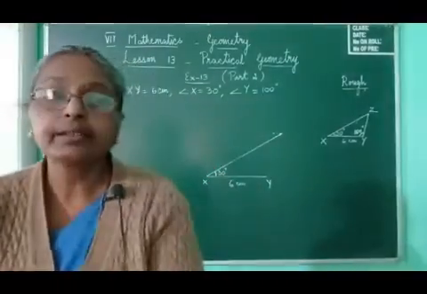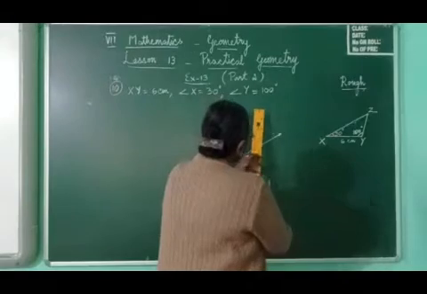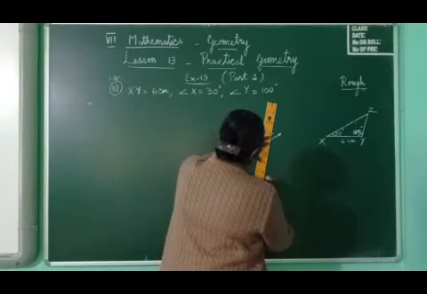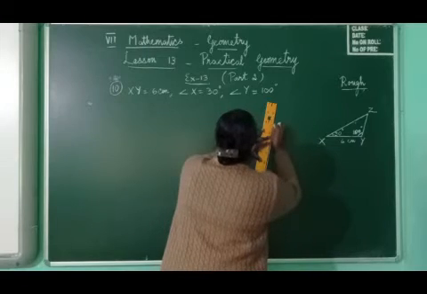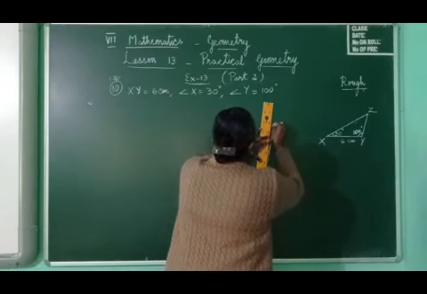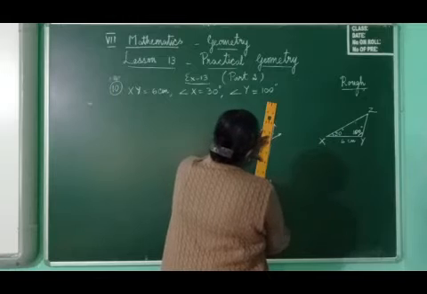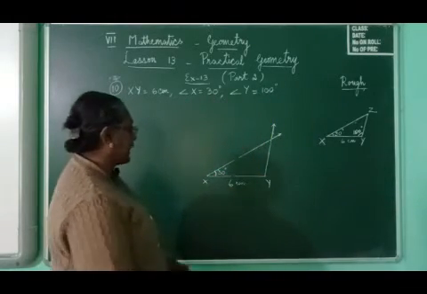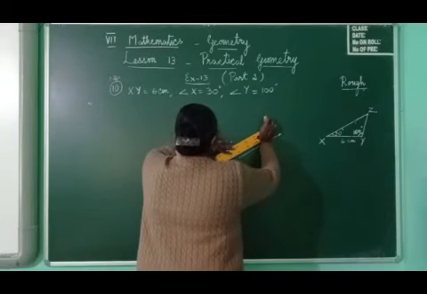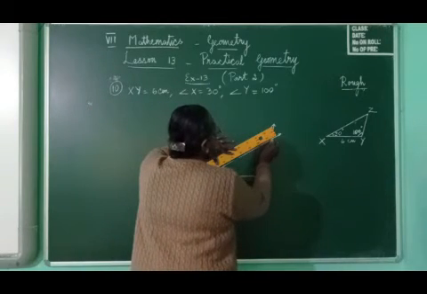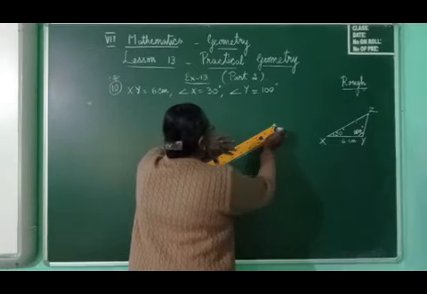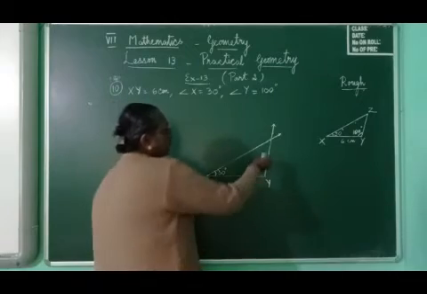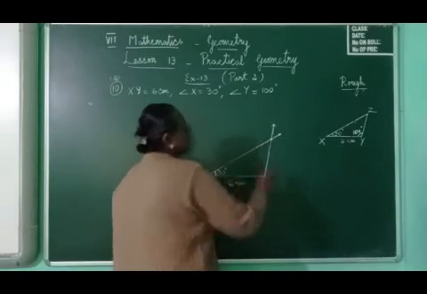After marking the point, then we will join Y and the point. We will just extend a line through that point. From Y, we are going to draw a line and extend it so that it will cut the earlier line at a point. So this line which we have drawn, these two lines are intersecting.